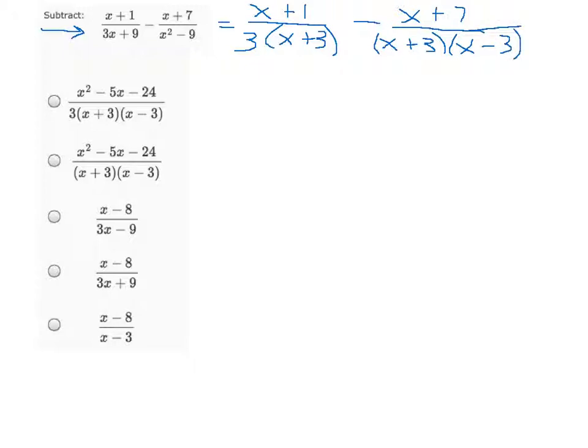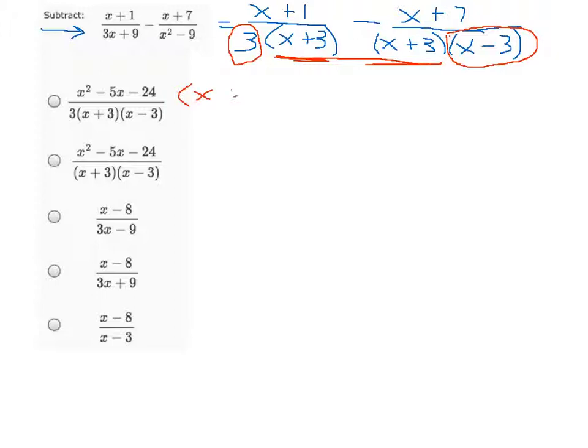Now, we notice that we have the quantity of x plus 3 that is common in each of these fractions. So that tells us that the second fraction just needs to be multiplied by 3, and the first fraction needs to be multiplied by the quantity of x minus 3. So we can do that.